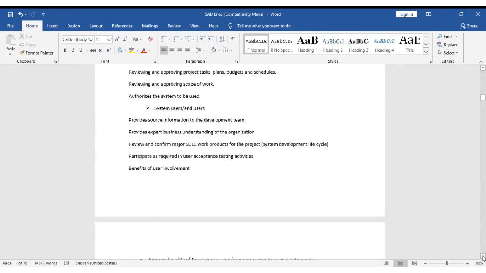Again, they review and confirm major software development life cycle work products for the project. Again, they participate as required in user acceptance testing activities.